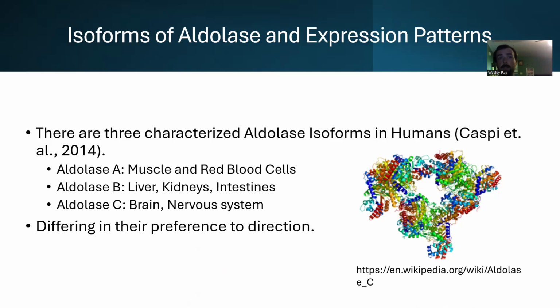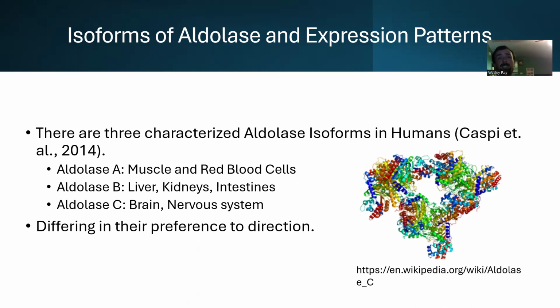Aldolase B, I'm going to say, is sort of expressed in the smooth muscle tissues. Seems to be the trend. It's being expressed in liver and hepatocytes, the term for the liver cells. It's being expressed in kidneys. It's being expressed in intestinal tissue.